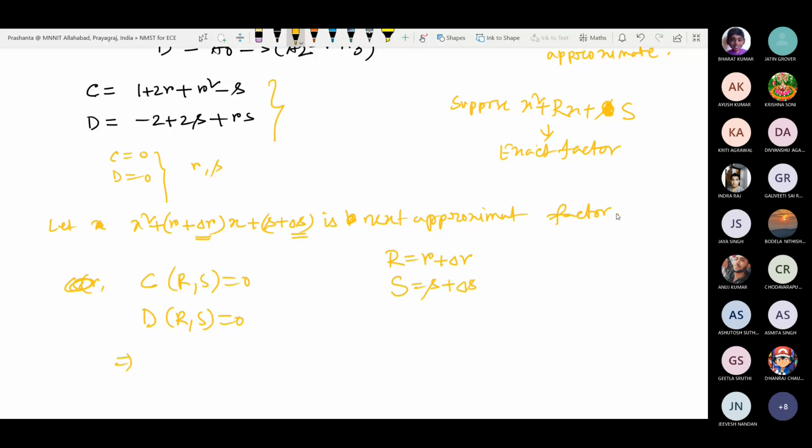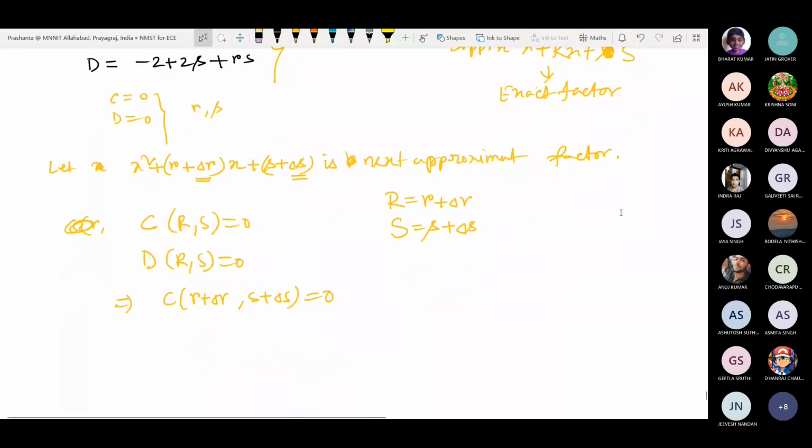You substitute those two values here, and you get C of R plus delta R, S plus delta S equals 0. This is the way you will be solving any system of nonlinear equations. Another equation you will get from here: D of R plus delta R, S plus delta S equals 0.